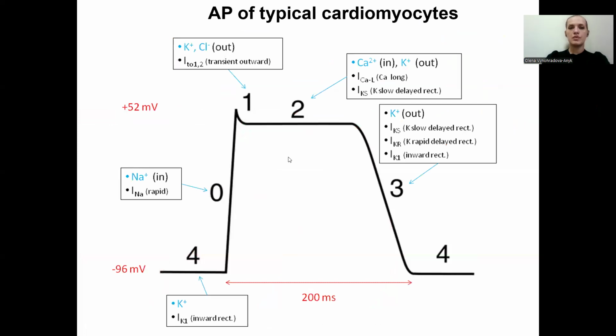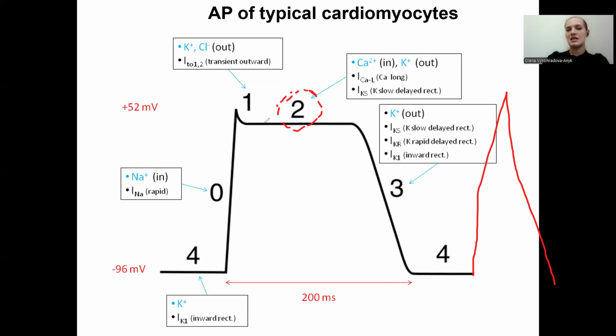When we are talking about electrical processes in typical cardiomyocytes, we are talking about this shape of action potential. Again, I would like to remind you that normally an action potential has a shape like that. But for a typical cardiomyocyte, we have a new phase that we did not have before.